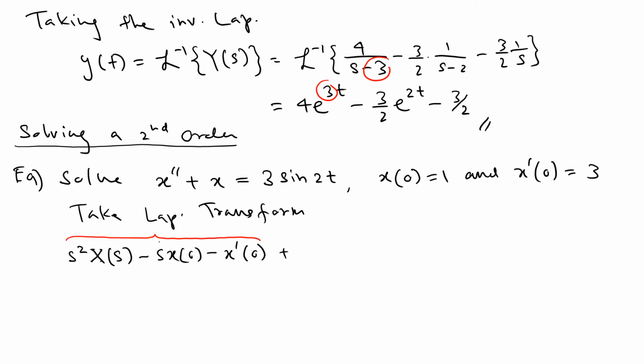Now let's go to the second term. The second term is just x, that just becomes X(s), the transform version of that. Okay, so that side is over.